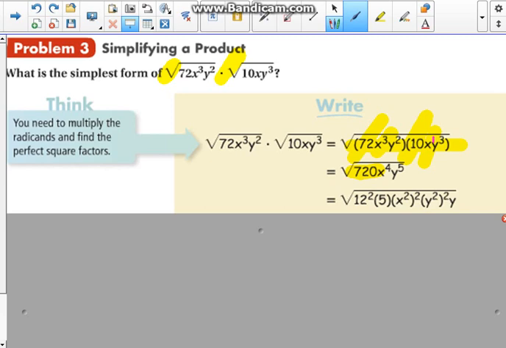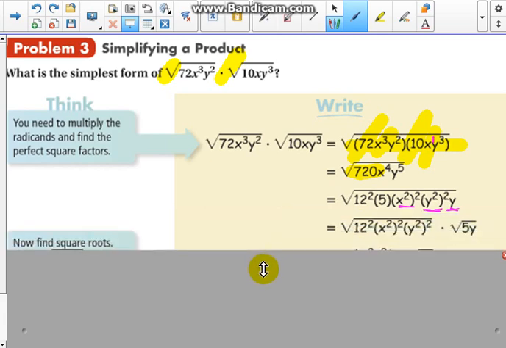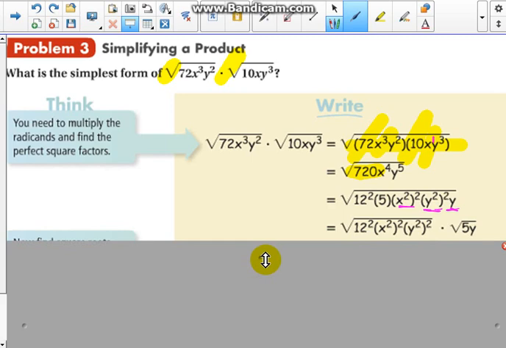And then we want to take the squares out of our x's and y's. So we have x squared squared and y squared squared times y. So now we want to put all of our squares together.